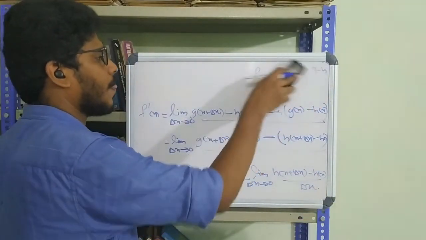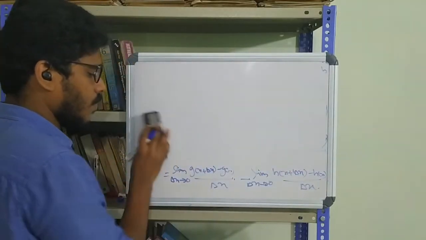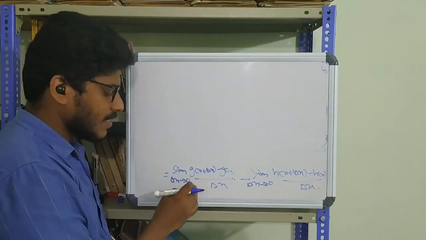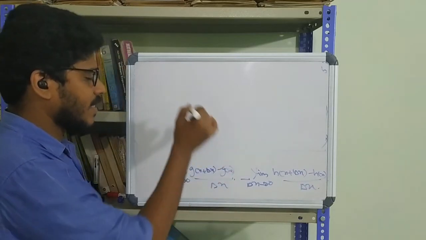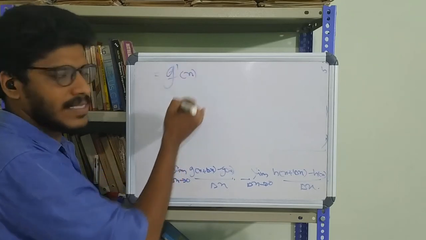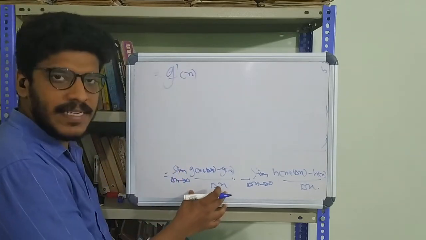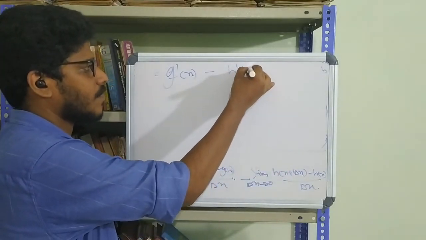See, what is this? Limit delta x tends to 0, g of x plus delta x minus g of x by delta x is nothing but g dash of x. See, this is how we define the derivatives. Minus, this is nothing but h dash of x.